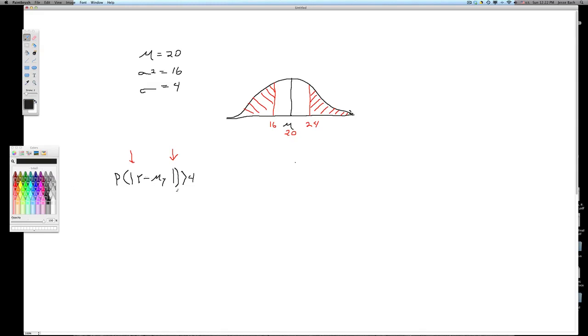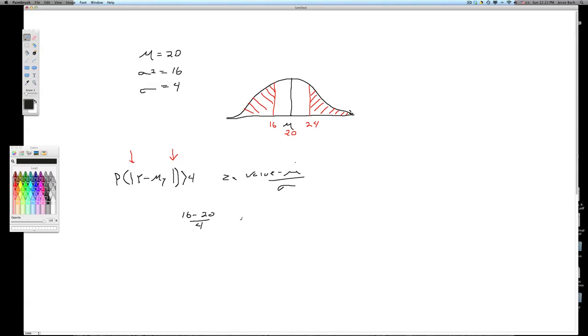The way that we do that is, remember your z formula is your value minus your mean over your standard deviation. So I'm looking at 16 minus 20 over 4, because this greater than sign is telling you, with the absolute value, 20, 16.